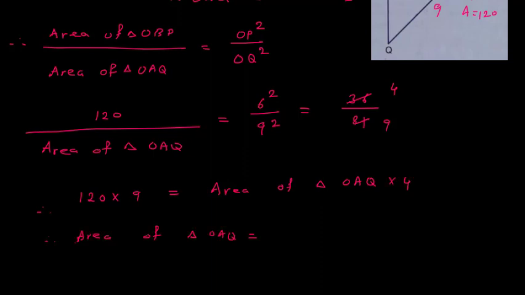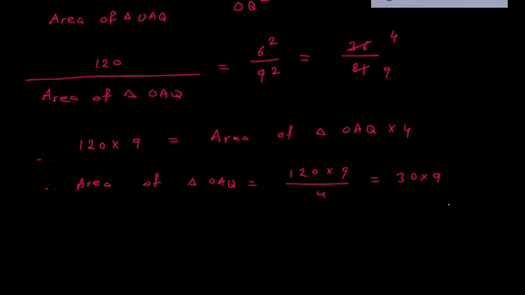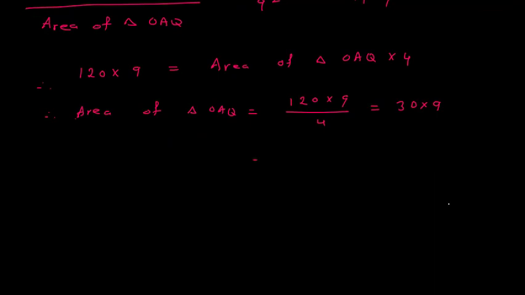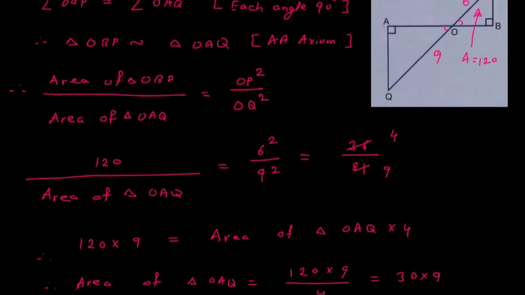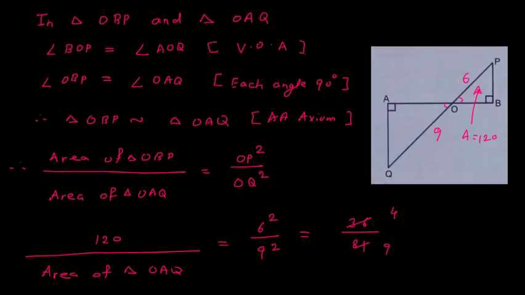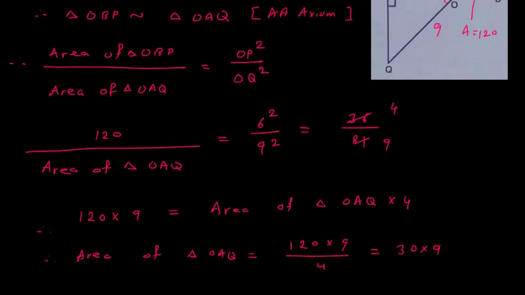So we will get area of triangle OAQ is equals to 120 into 9 divided by 4. So 4 3s are 12, 30 into 9. So area of triangle OAQ is 270. Okay. Area of triangle OAQ is 270.